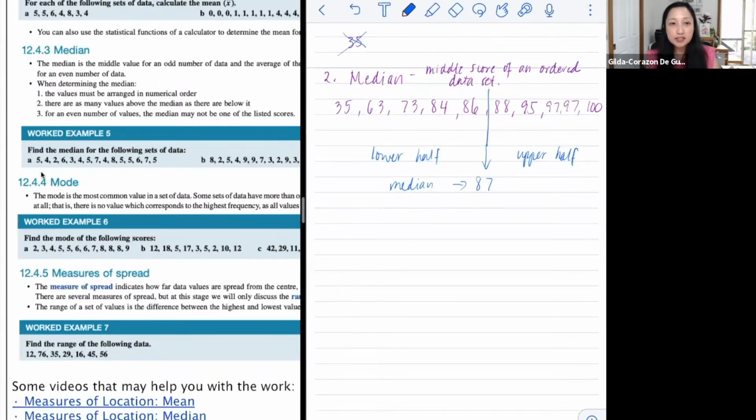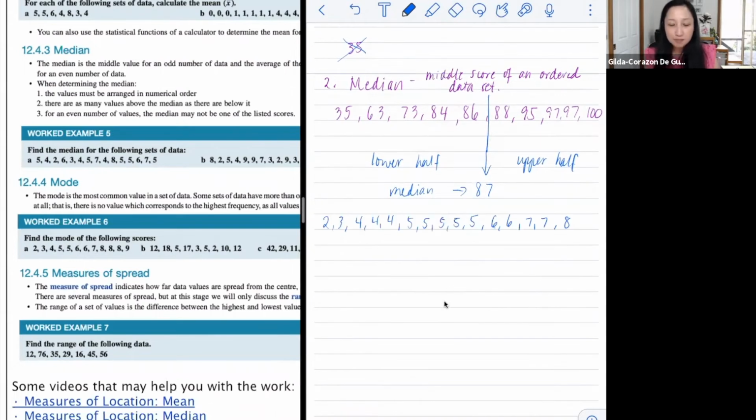We want to firstly arrange them in ascending order. We want the same number of data points on the lower half and the upper half. If we circle that, we've got 1, 2, 3, 4, 5, 6, 7 scores here. Do we have 7 scores here as well? The median would be one of the scores.